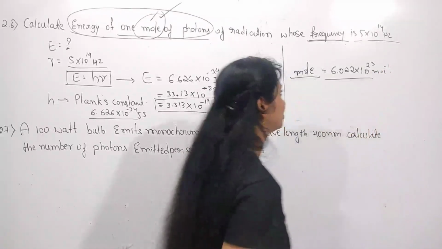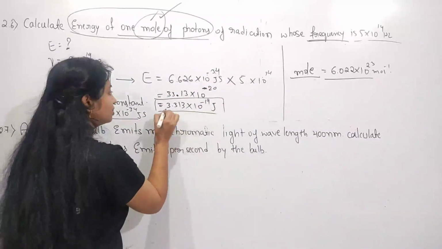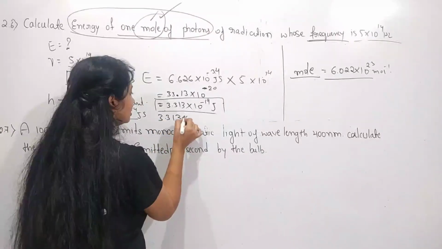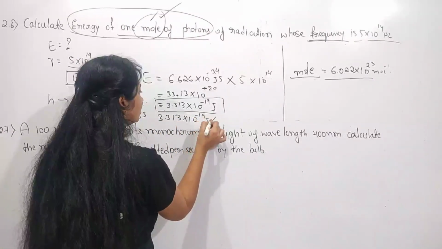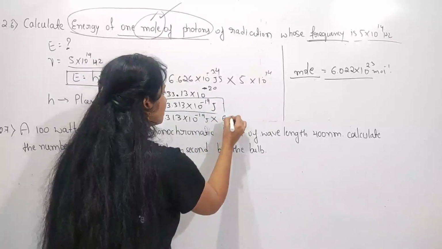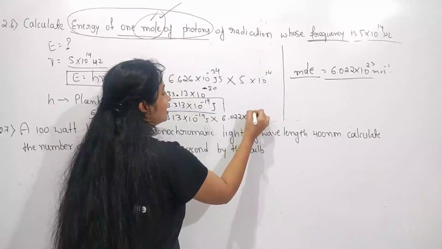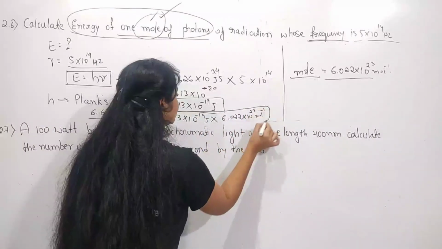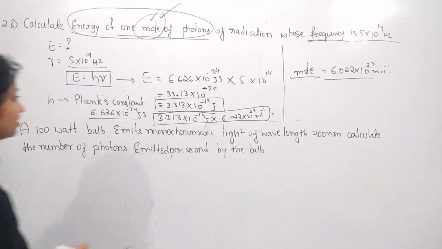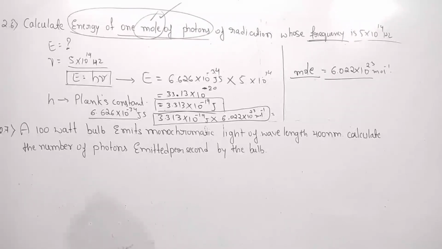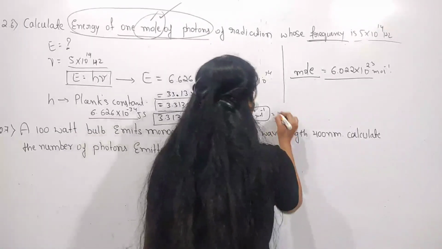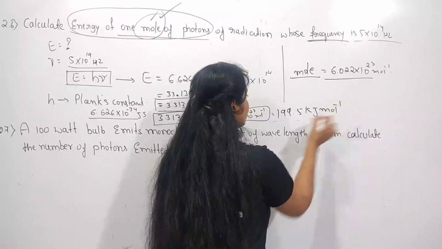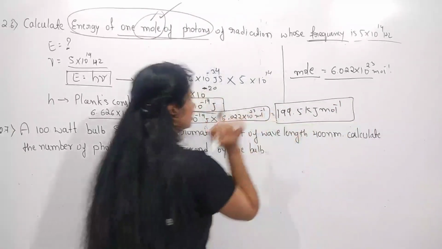So we multiply the number of photons by the energy of one photon: 3.313 × 10^-19 joule times 6.022 × 10^23 per mole. The answer is 199.5 kilojoules per mole.